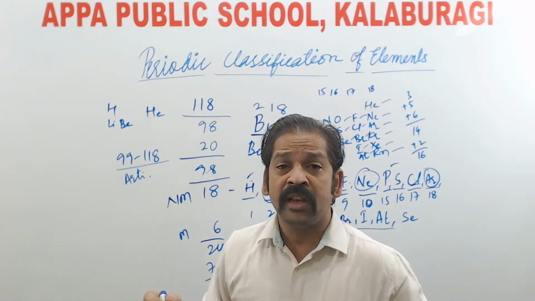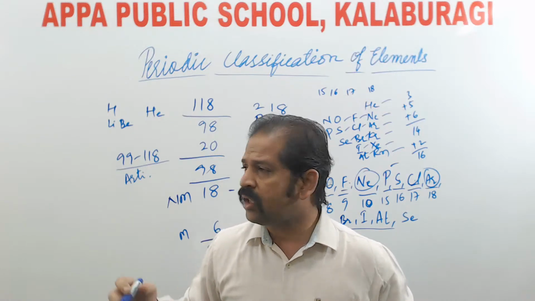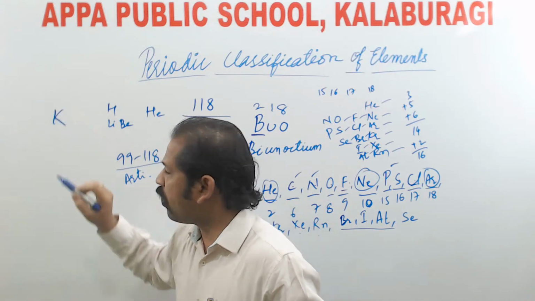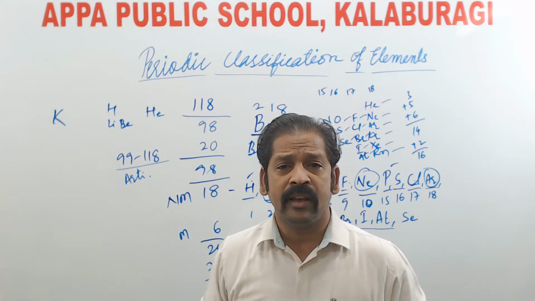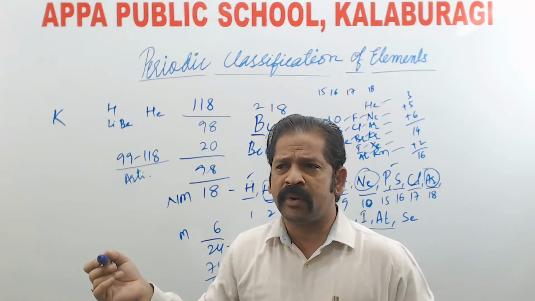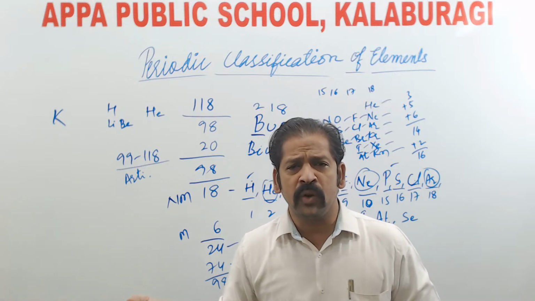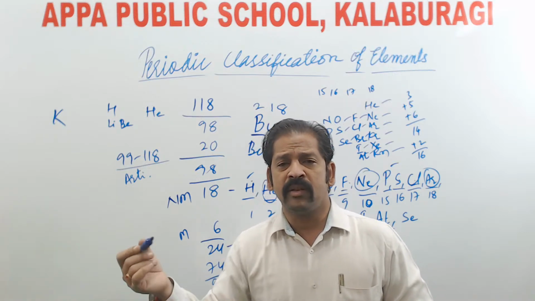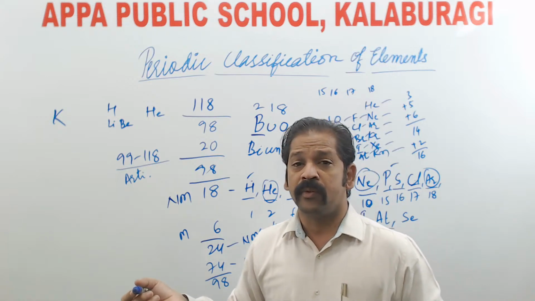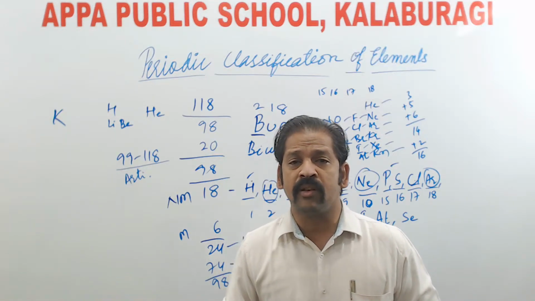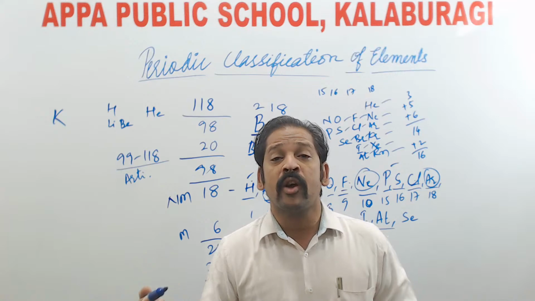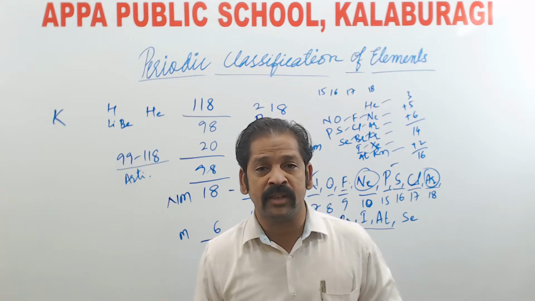We are having 7 shells. Already last year you studied in class 9, chapter number 3 or 4, atoms and molecules, or structure of an atom. A theory by a person called the Bohr atomic theory or Bohr atomic structure.